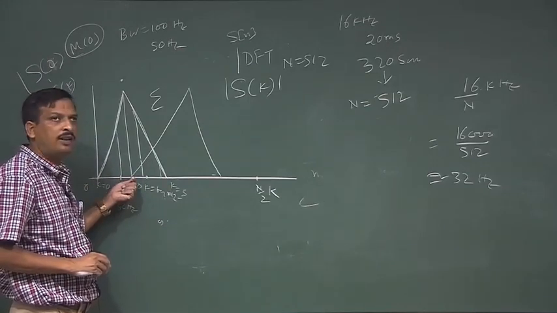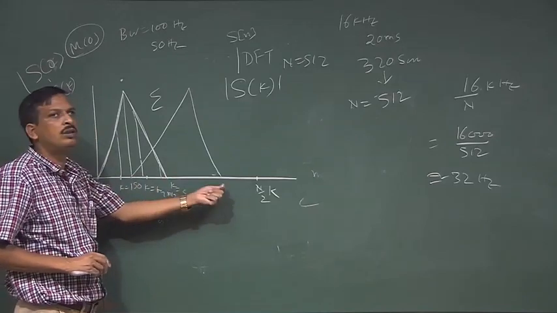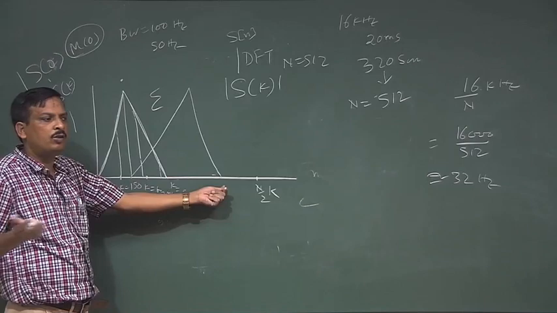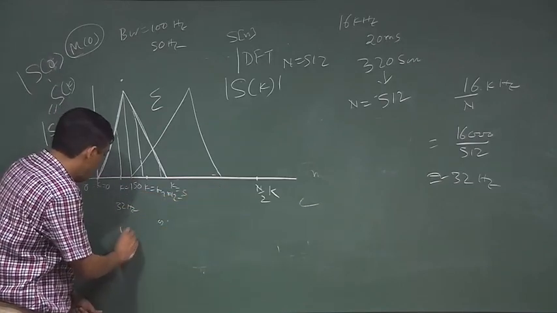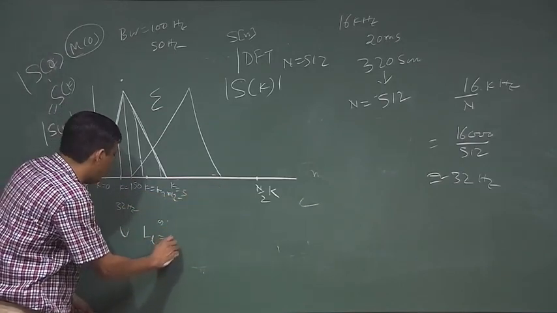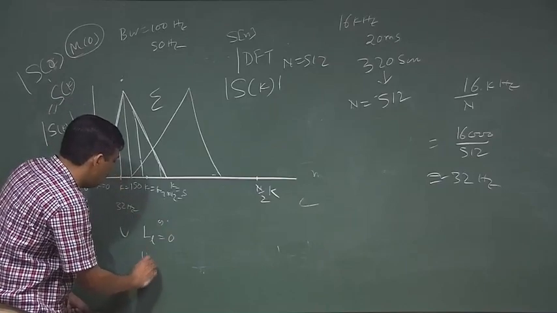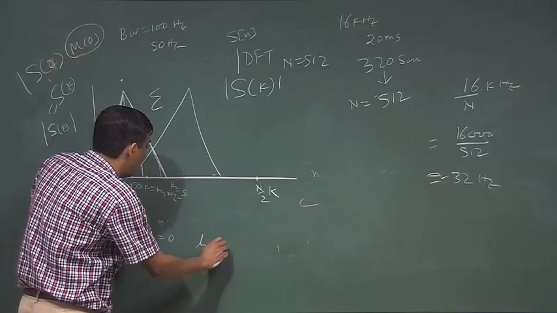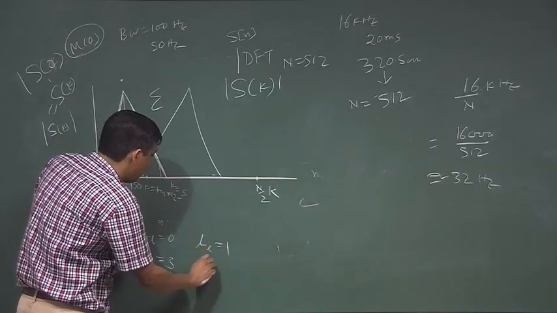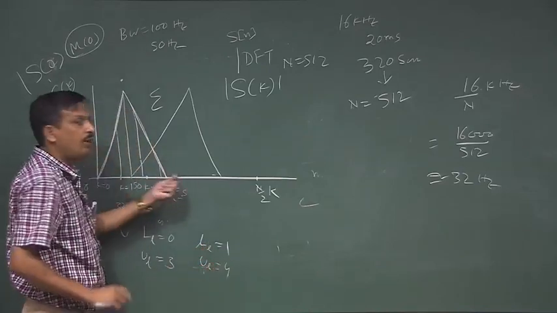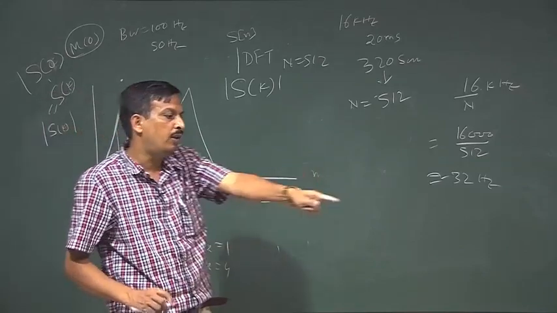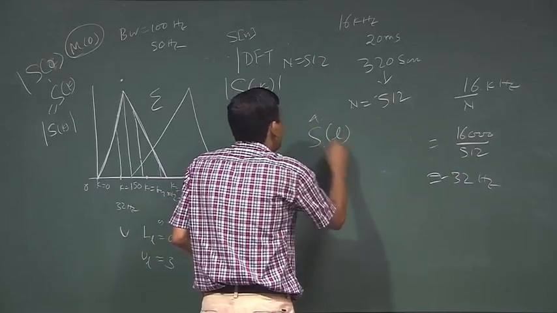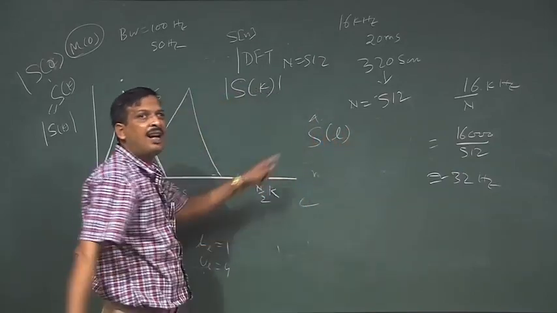If it is k equal to 1, then k equal to 1 to 5, I can calculate that. So, LL is equal to 0 for the first filter and UL is equal to 3 for the first filter. Then for the second filter, LL may be equal to 1 and UL equal to 4. That way I can design the filters and find out S cap L, which is the mel scale spectrum.